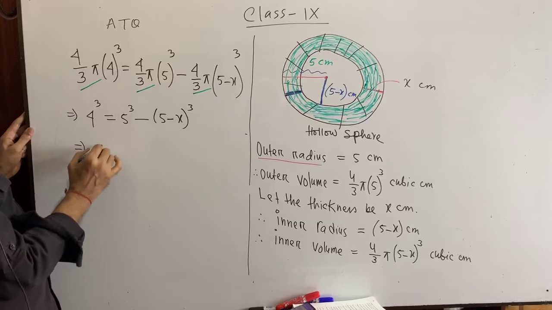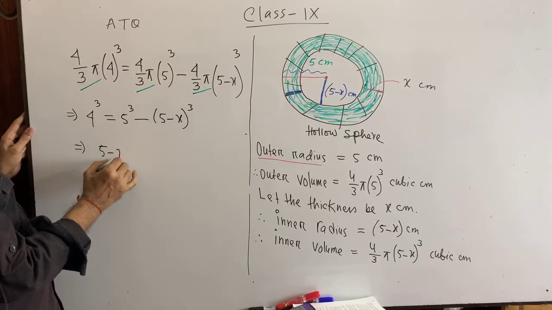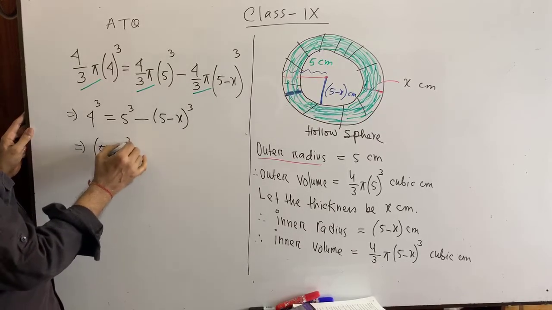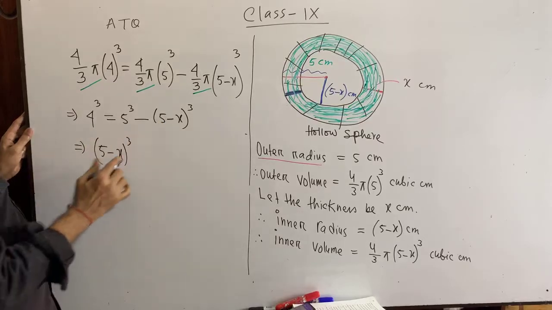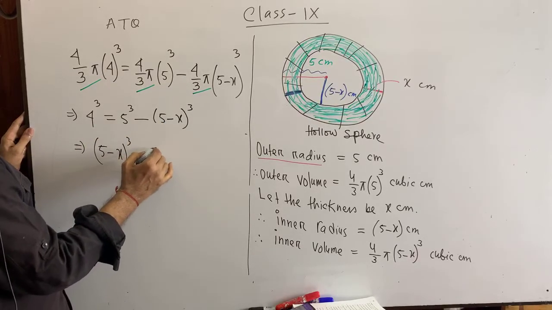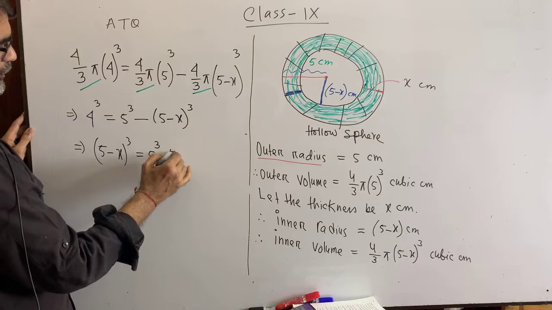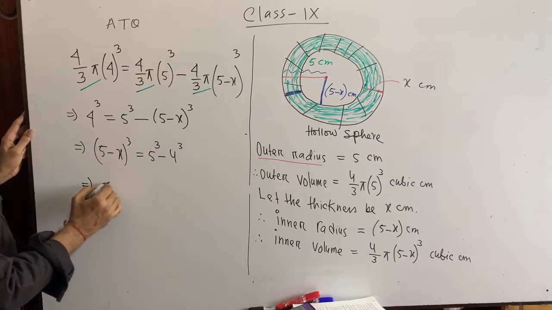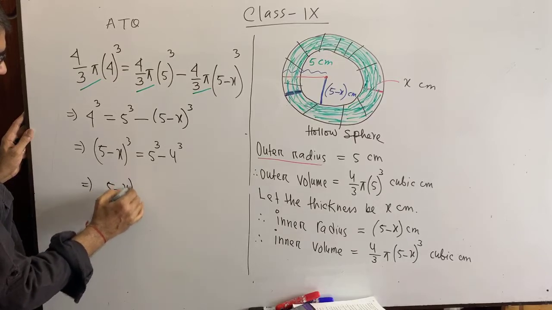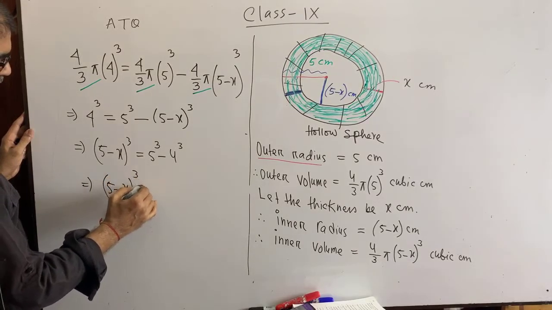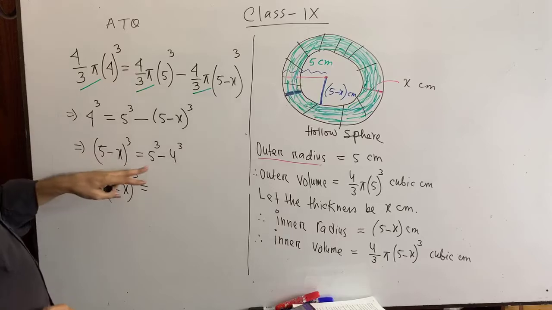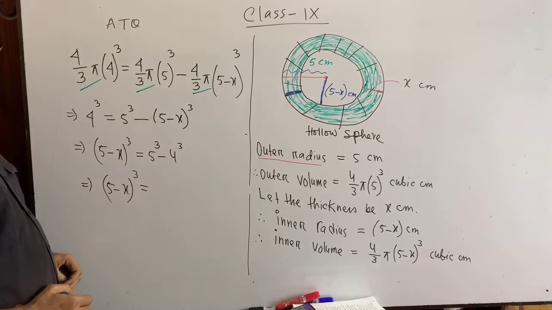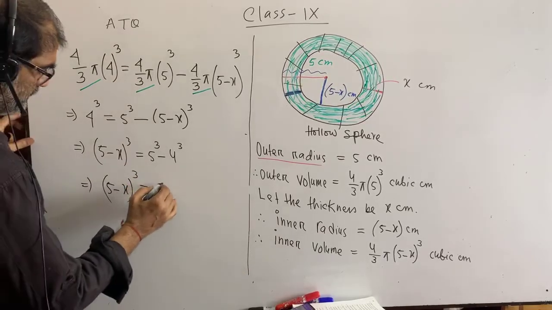Okay, 5 minus x whole cube, it has been taken to the left hand side, is equal to 5 cube minus 4 cube. That is 5 minus x whole cube is equal to 125 minus 64, that is equal to 61.